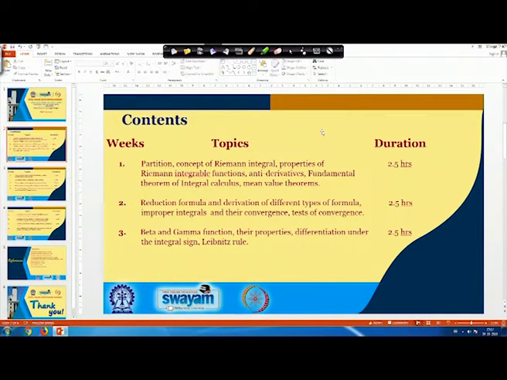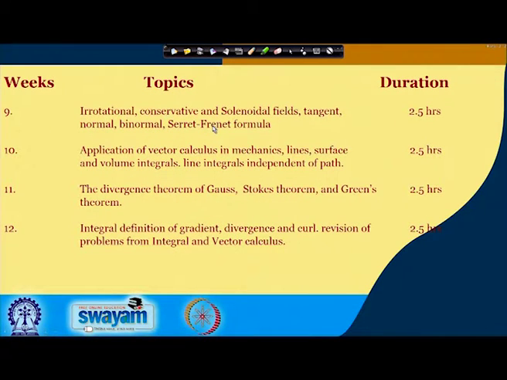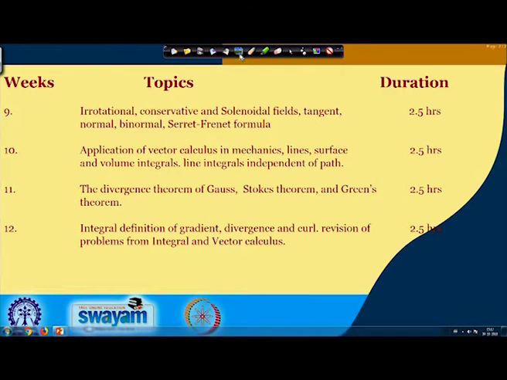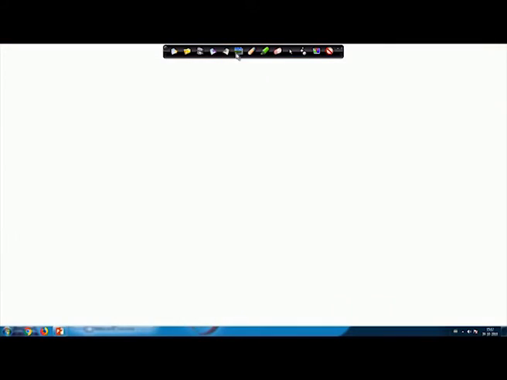So if we look into your syllabus, then today we are going to cover the triple integral. So today we will be basically covering the triple integral, and so let's go back to the topic.